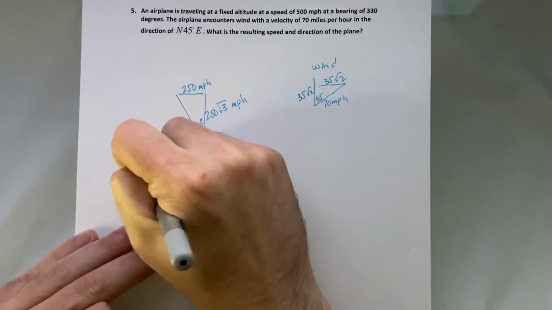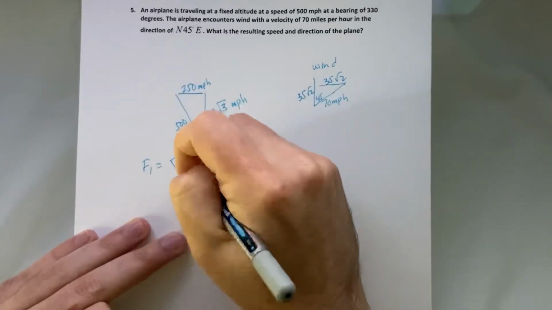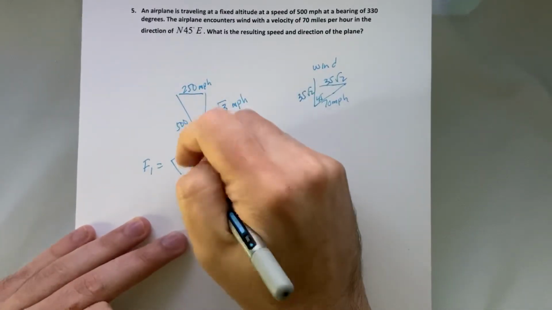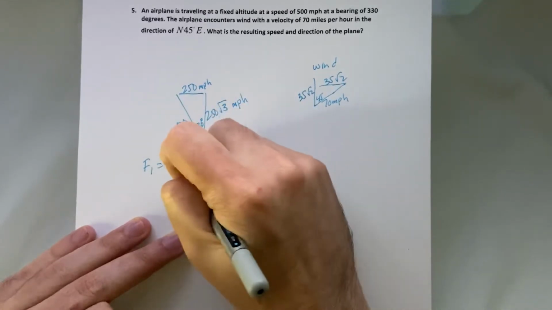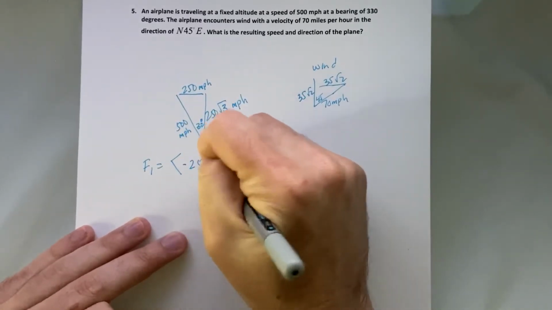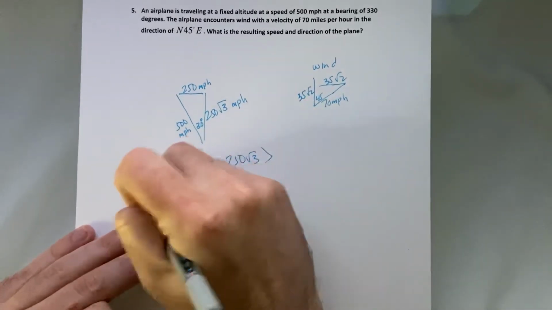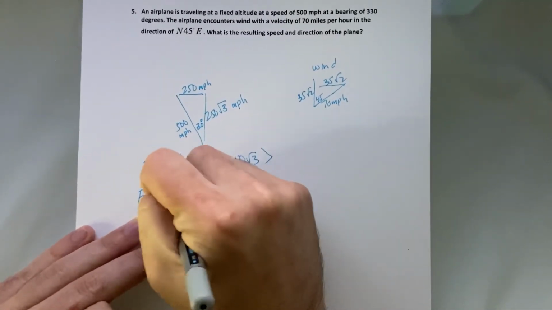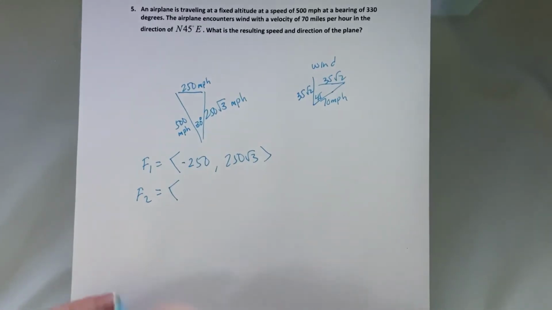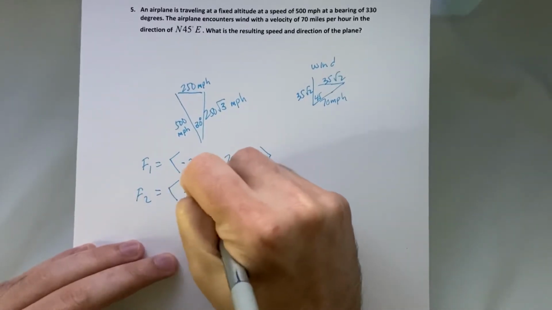So my force 1 is the plane. It would be a vector of, in the x direction, negative 250. The y direction, it's 250 root 3. F2 is, they're both 35 root 2.